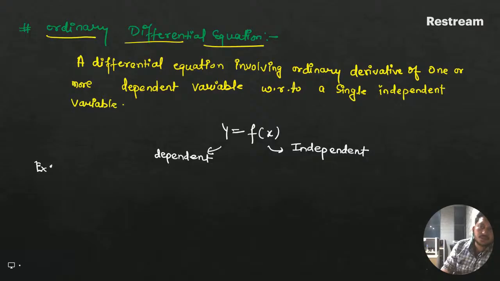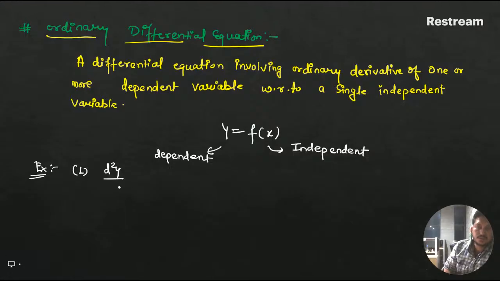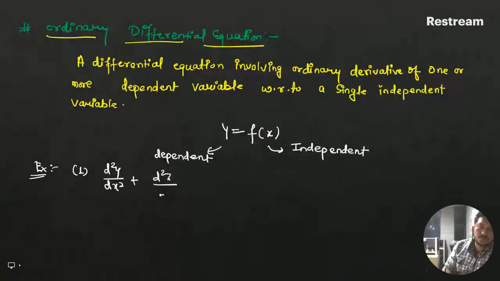Now here is some examples based on ordinary differential equations. The first example: d2y upon dx square plus d2z upon dx square equals sin x.